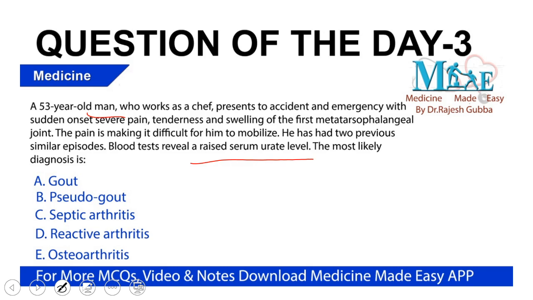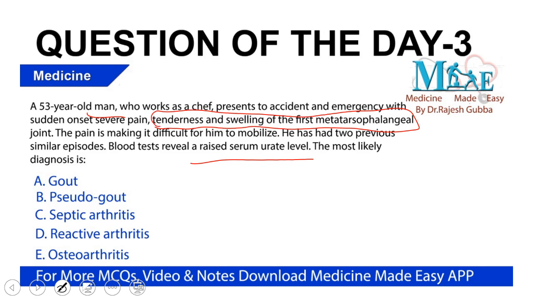Gout, pseudogout, septic arthritis, reactive arthritis, osteoarthritis. Now, what I will do is rule out all other options based on the clinical scenario. See, our important point here is that there is tenderness and swelling of the first metatarsophalangeal joint.